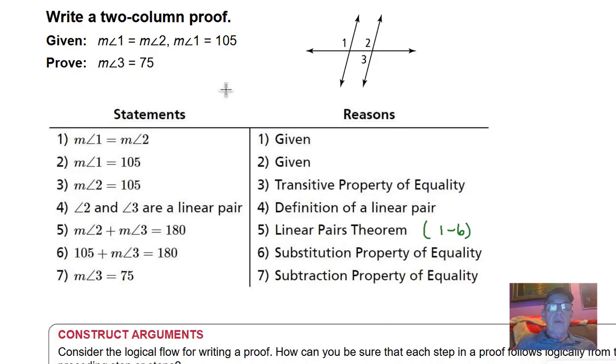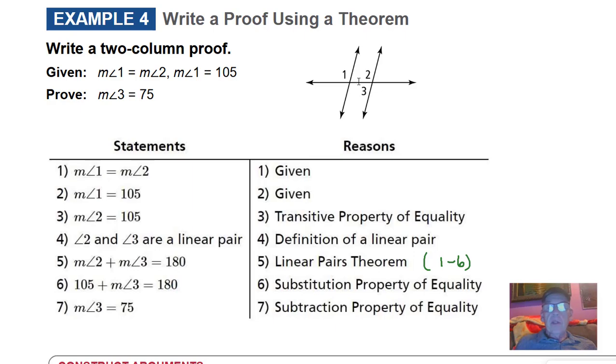So let's reason our way through this proof. We're given that the measure of angle 1 is equal to the measure of angle 2. So I want to mark that on my diagram. And the measure of angle 1 is 105 degrees. And we want to prove that the measure of angle 3 is 75. So let's see how this is going to work.